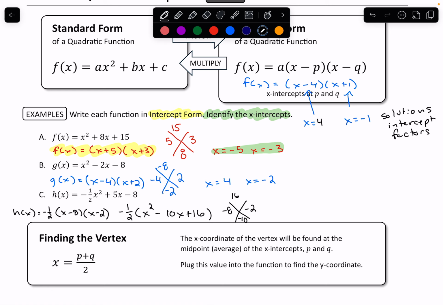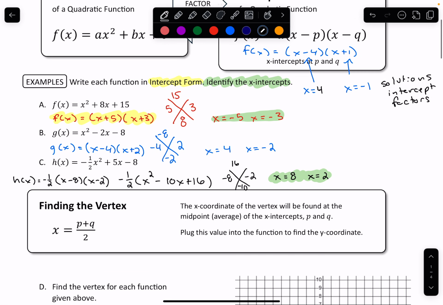So there is my intercept form. That's the first part of the question. Then I just look at my parentheses and I get the second part of the question. My x-intercepts are going to happen at x equals +8 and x equals +2. So now I have my intercepts and my intercept form.